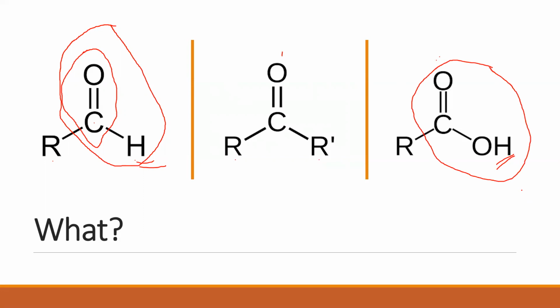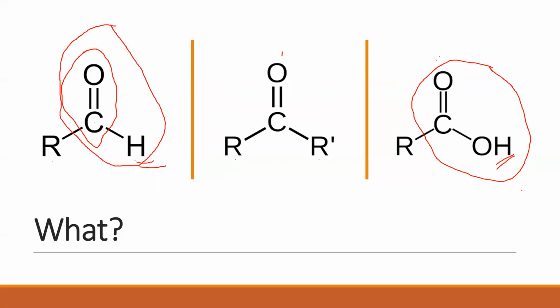If any compound contains COOH as a functional group, then such compounds are called carboxylic acids. So here we are. Aldehydes are compounds where one of the atoms bonded to the carbonyl carbon must compulsorily be hydrogen. In a ketone, both the groups bonded to the carbonyl carbon should be carbon atoms. In a carboxylic acid, the group attached to a carbonyl carbon should be an OH.